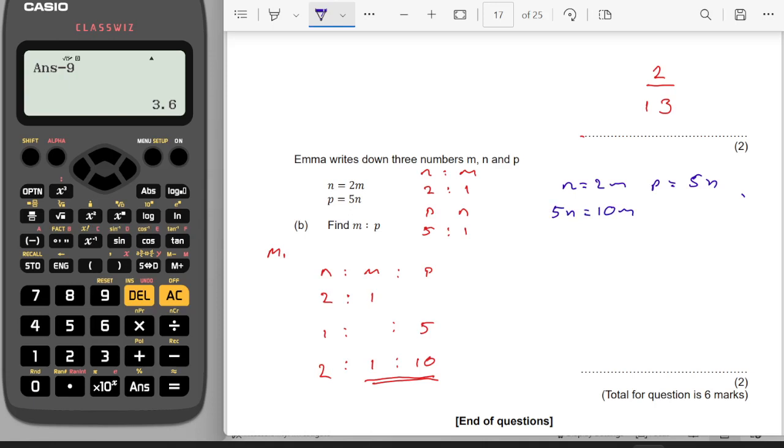Now I can substitute in P for 5N, so P is equal to 10M. And then if I express that as a ratio of M to P, I would need 1 lot of M to 10 lots of P. So I've got the ratio 1 to 10 either way.